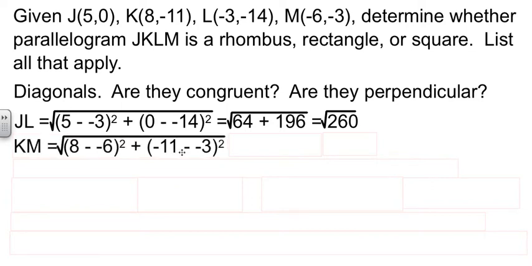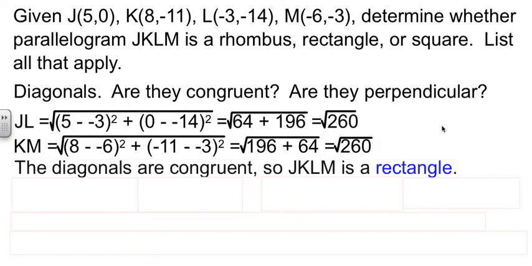And diagonal KM, so I'm using K and M in the distance formula. And sure enough, I got square root of 260 again. This tells me that since the diagonals are congruent, I have a rectangle so far.